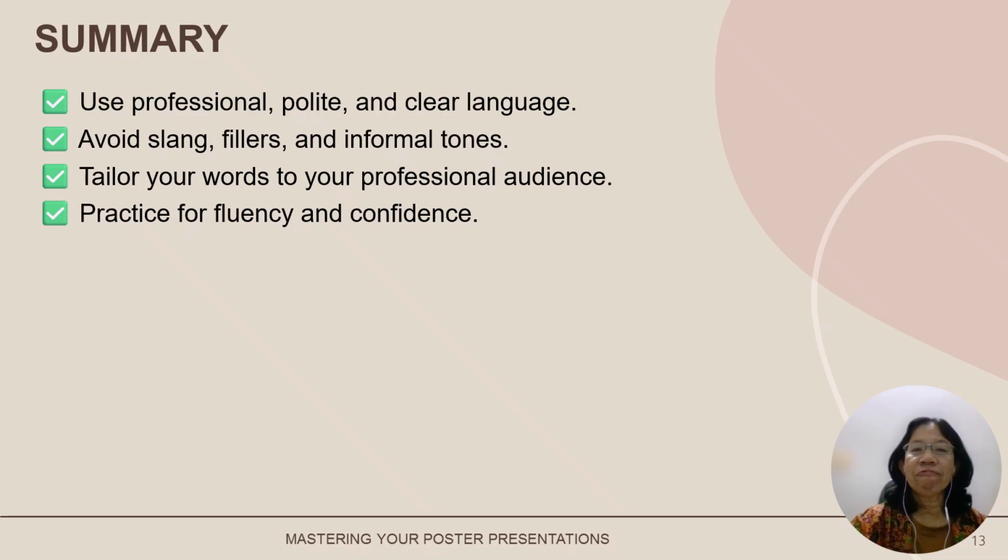Avoid slang, fillers, and informal tones. Eliminate the ums and likes to maintain your credibility. Tailor your words to your professional audience. Ensure you are speaking at the correct level of formality and technicality for the people in the room. Practice for fluency and confidence. Great language is only half the battle. Flawless delivery is the other half.